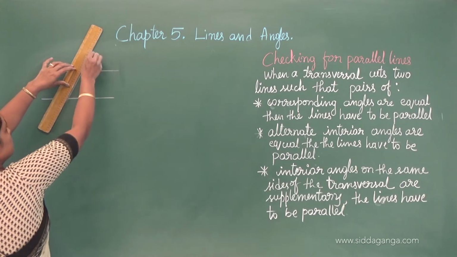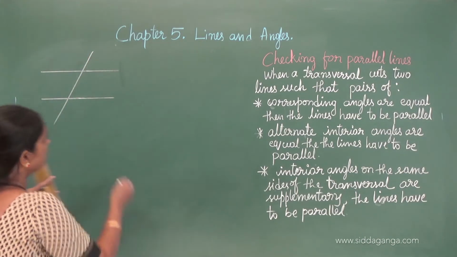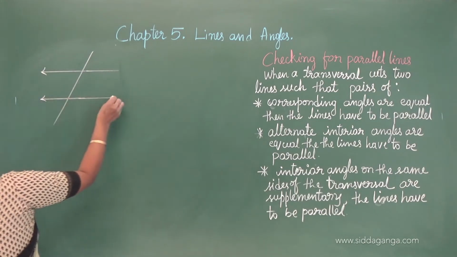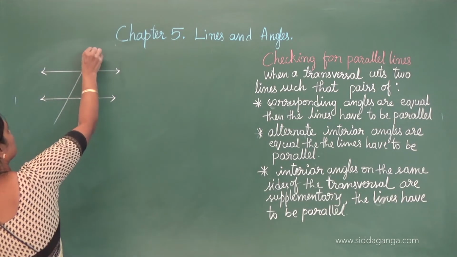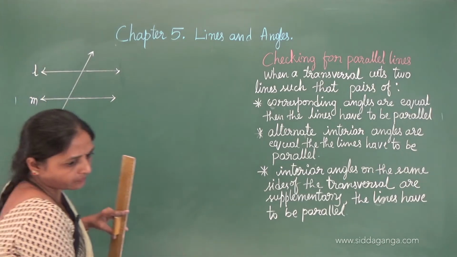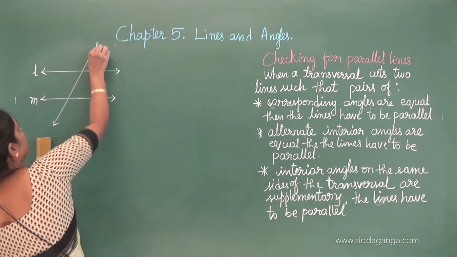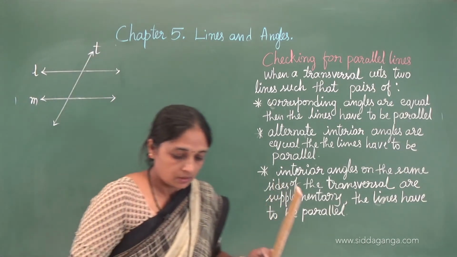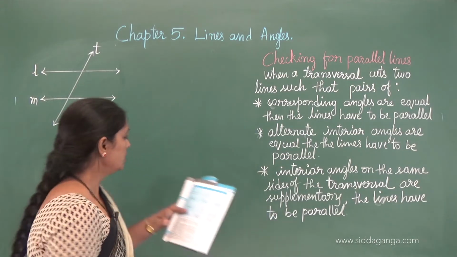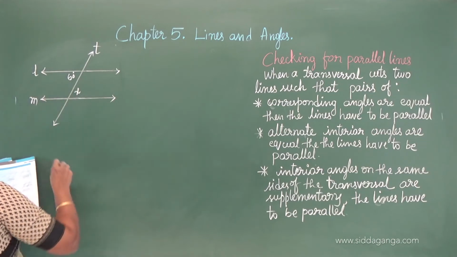Here it's a transversal, and these are the lines, this is L, this is M, and T, and already they have given 60 degrees here, and this is X.